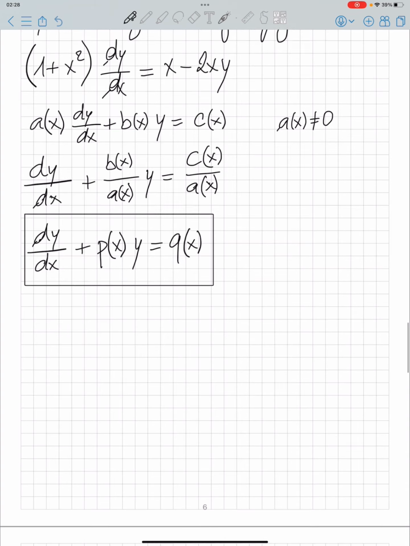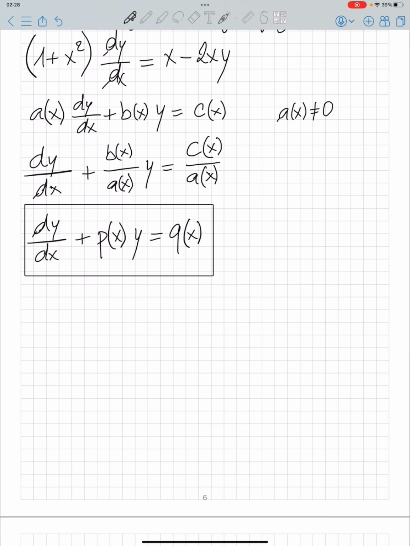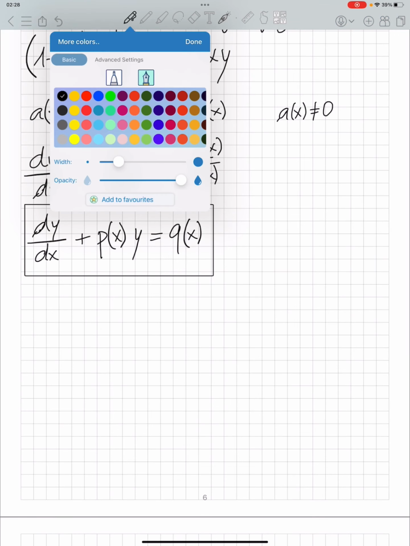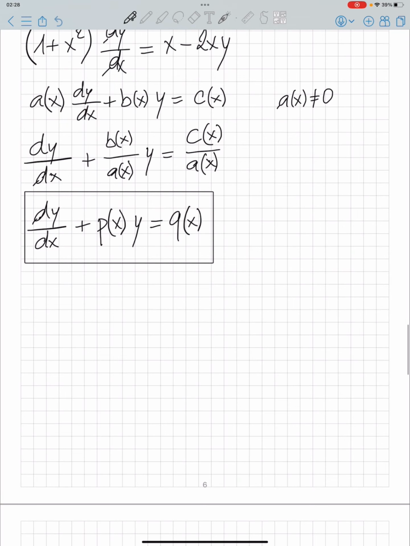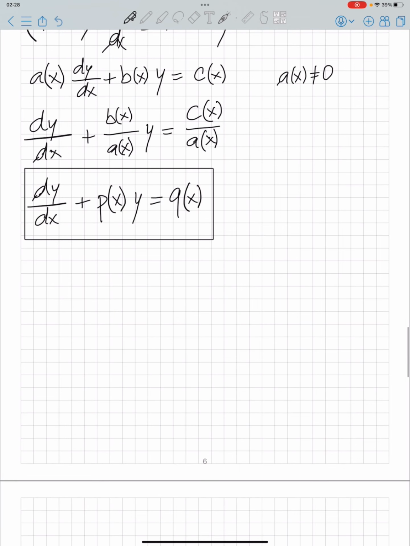Now in order to use this integrating factor method, we're gonna introduce a new variable that we're gonna call mu, right? So let's introduce mu, which is equal to the exponential of the integral of this p of x, right? P of x dx.